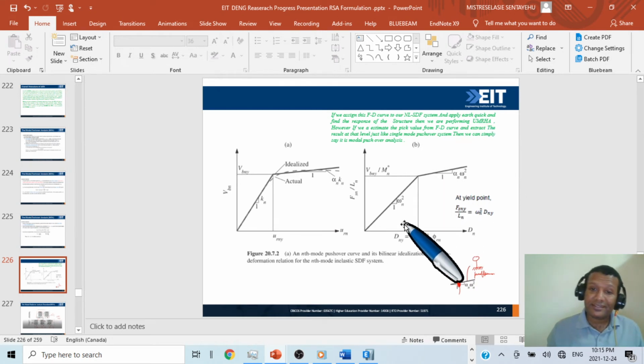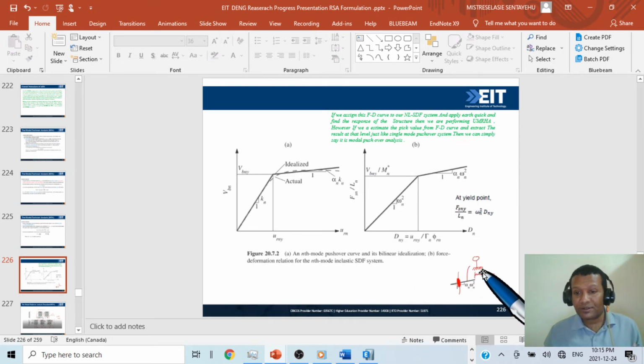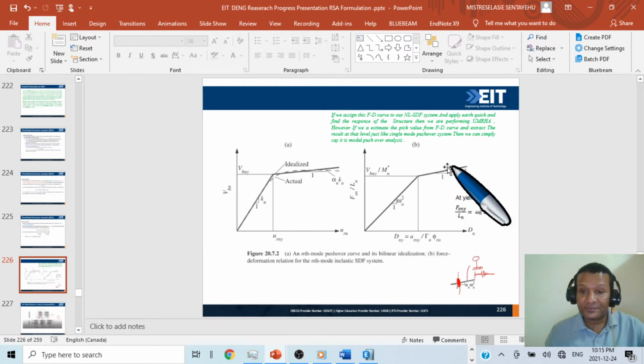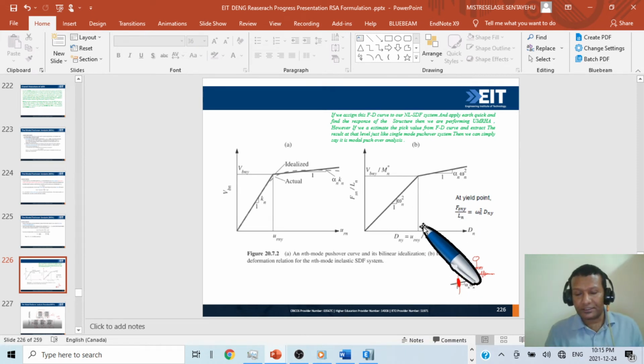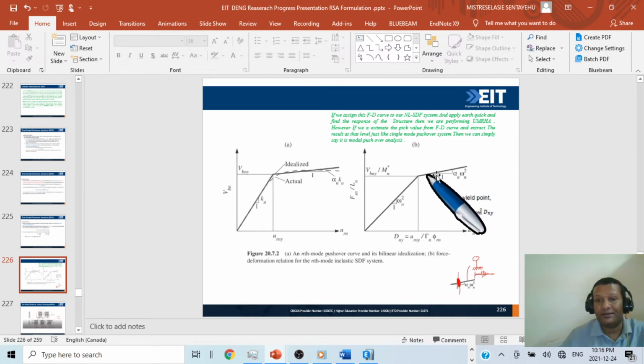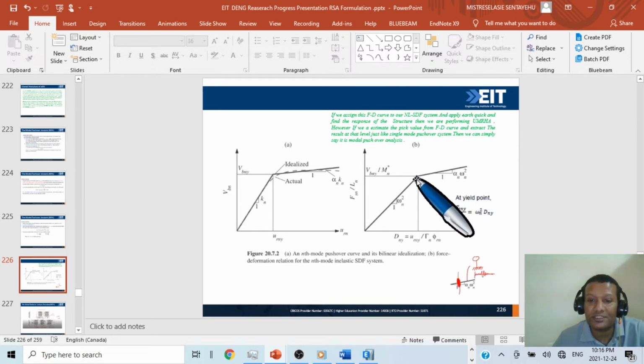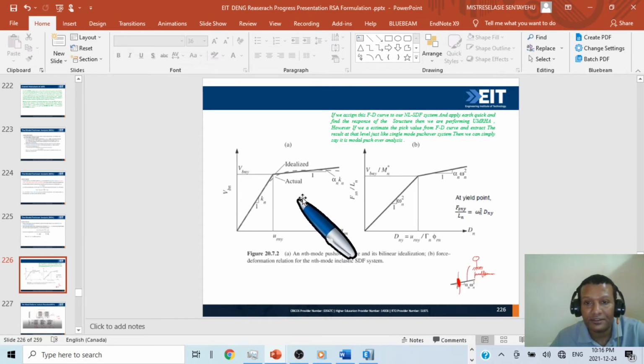But the point here is, instead of performing dynamic analysis, we approximate the target displacement on the curve. Using that target displacement, if we extract the responses at that displacement, then we are performing modal pushover analysis.